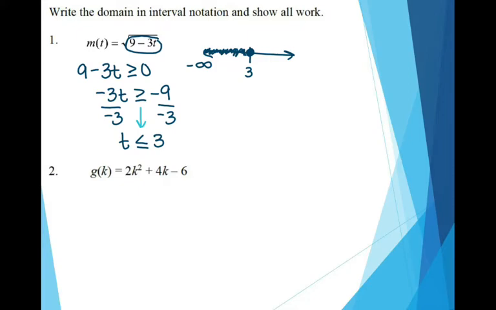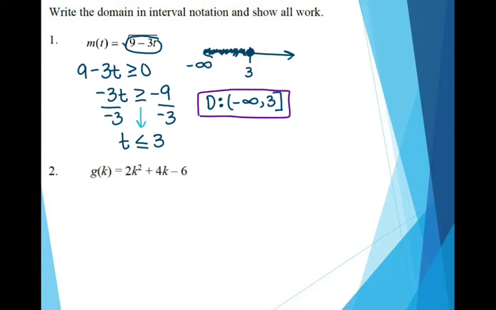To write that in interval notation, my domain is negative infinity with a parenthesis to 3 with a bracket. We use the bracket in this case because that 3 is a value that works for the domain. So anytime you are graphing an inequality on a number line, a closed circle is going to be a bracket, and an open circle will be a parenthesis.